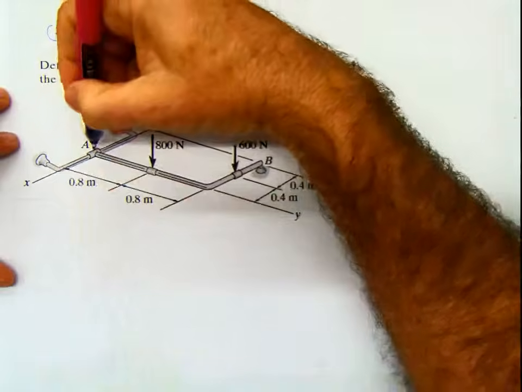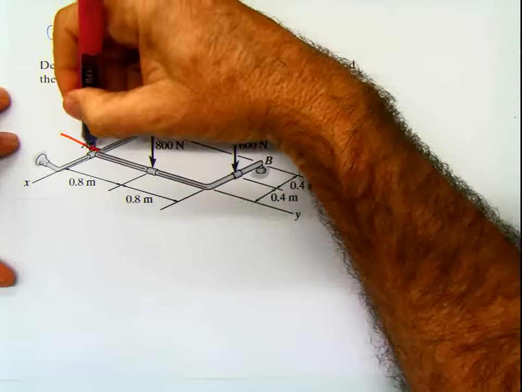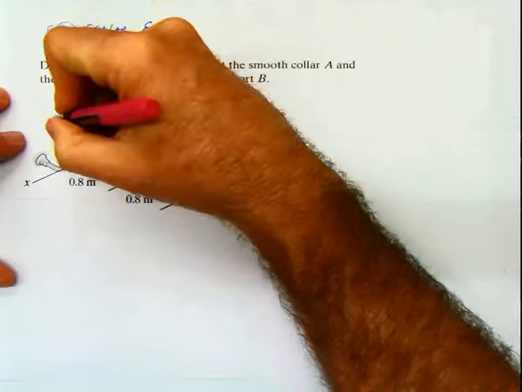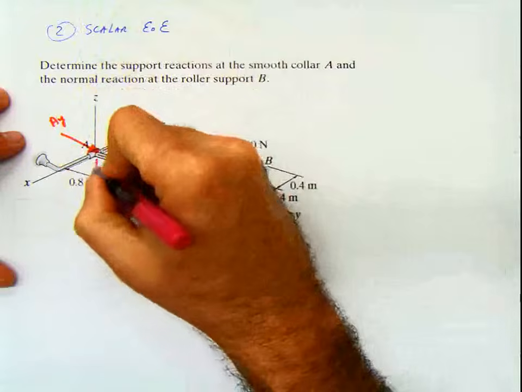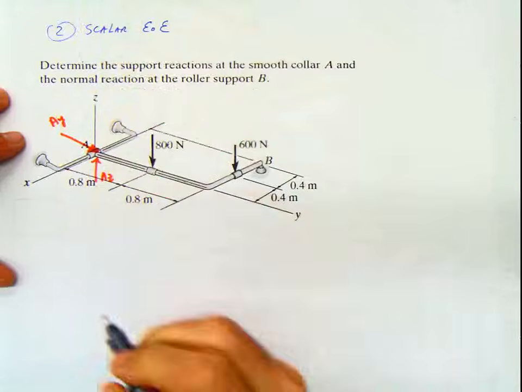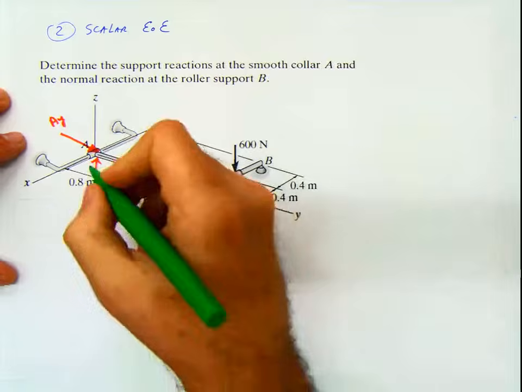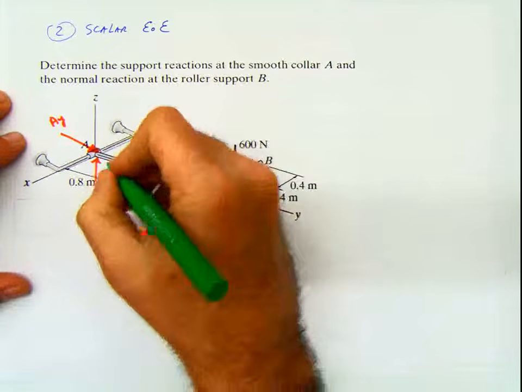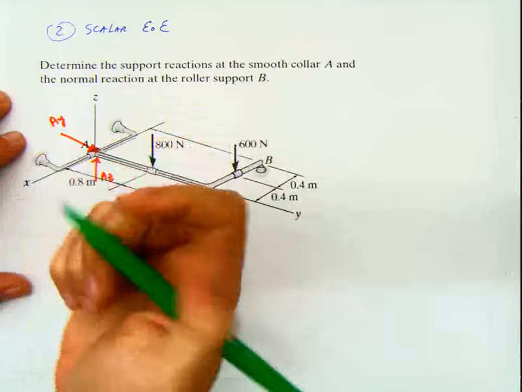We studied them before. I'm not going to go through those details again on how we analyze that. This is AY, this is AZ, and also I have a moment. I don't have AX, but I have a moment coming here in this direction.